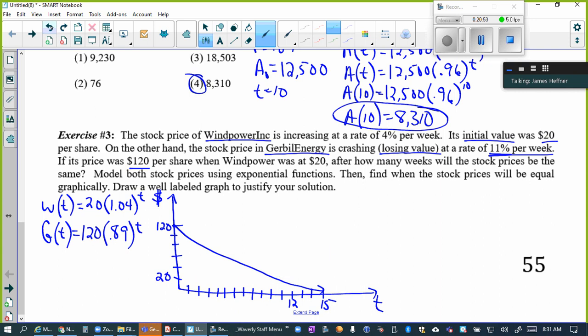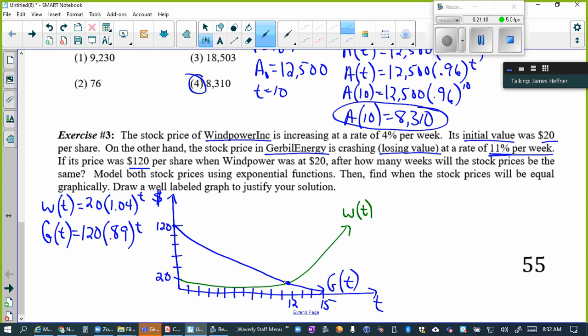I don't know, like that, right? And I will tell you, this is a really rough sketch of the graph anyway, right? So we'll call this one our W of T. And then the other one was what, our G of T, right?